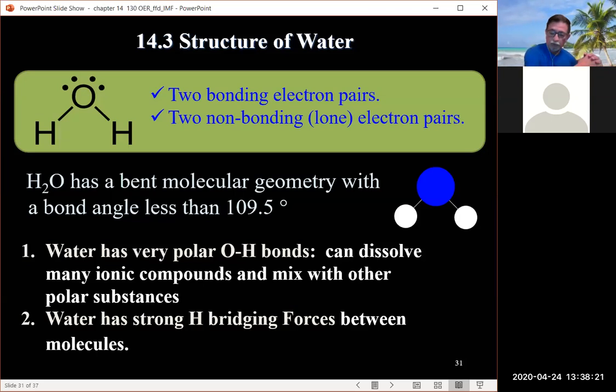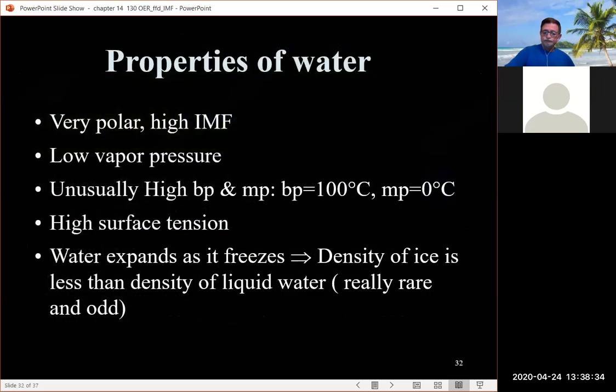Some of them are totally dissolved, and some of them are weakly dissolved, but it will dissolve a lot of stuff. It has very strong hydrogen bridging force between molecules. Okay, very polar, very high IMF, low vapor pressure.